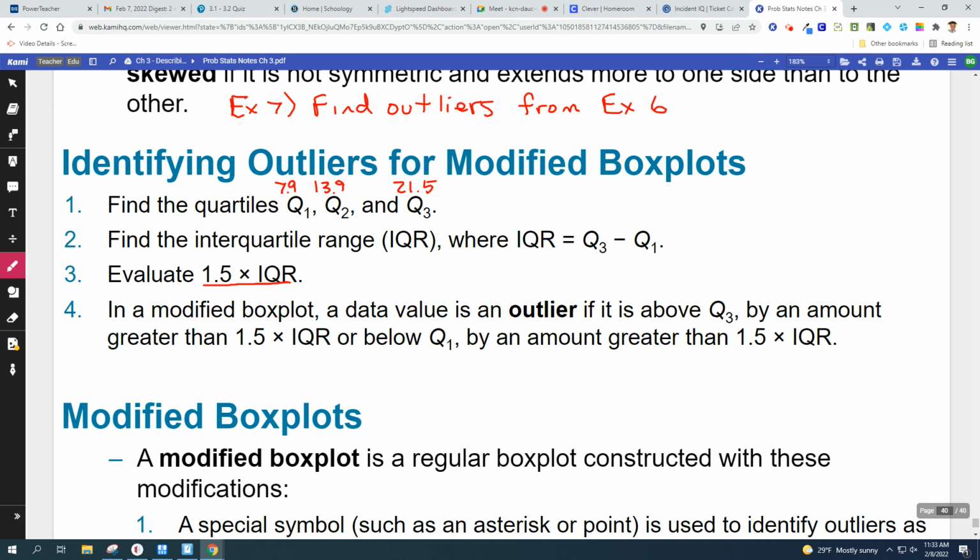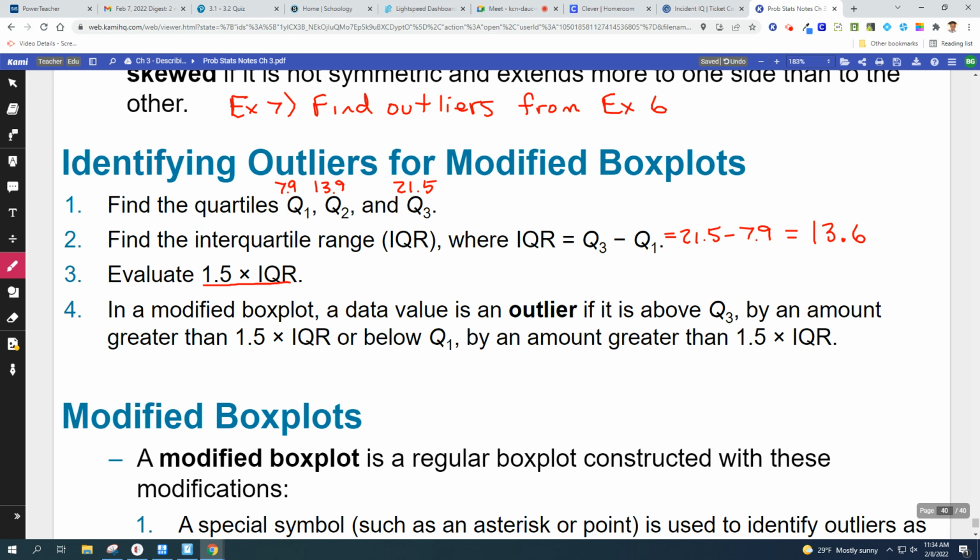Well, that's Q3 minus Q1. So Q3 is 21.5 minus Q1, 7.9, and that's 13.6. That is the interquartile range.